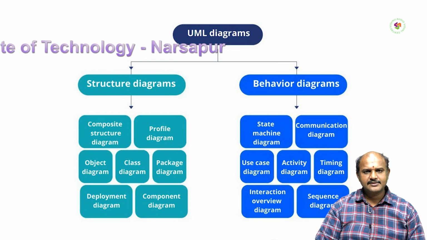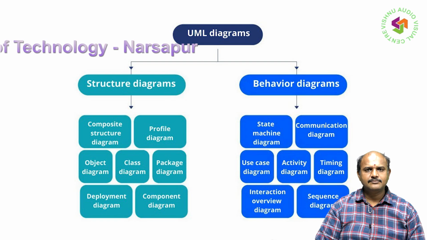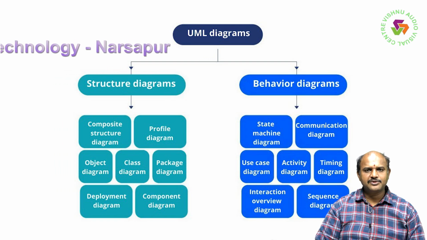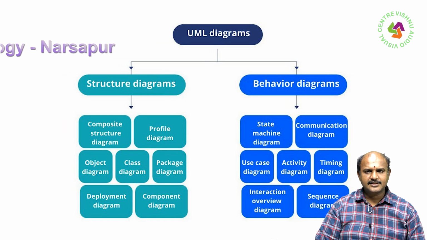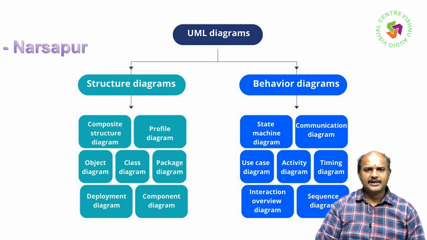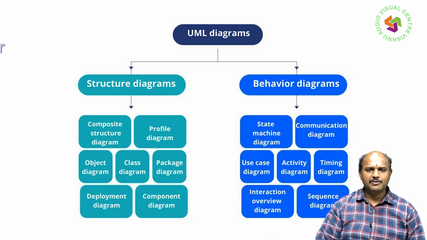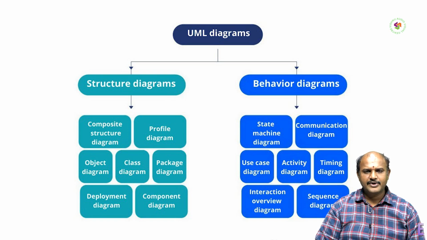The second one is the class diagram. Next, the object diagram. Next, sequence. Next, collaboration. Next, state. Next, the activity diagram. Finally, the deployment diagram. These are the 9 diagrams we use to design for developing any application.